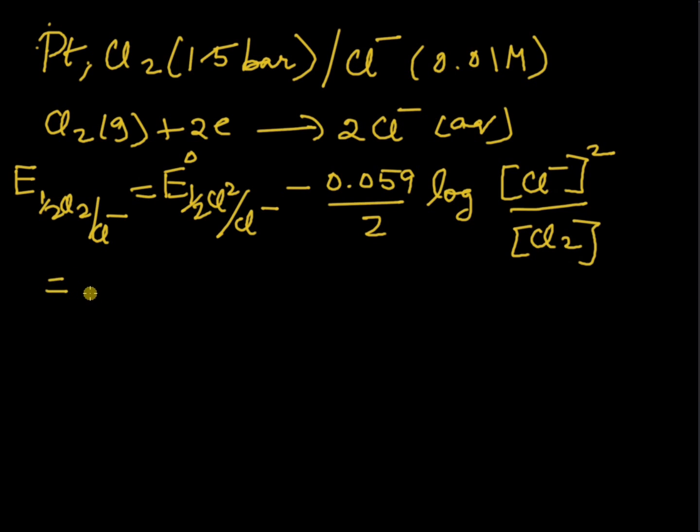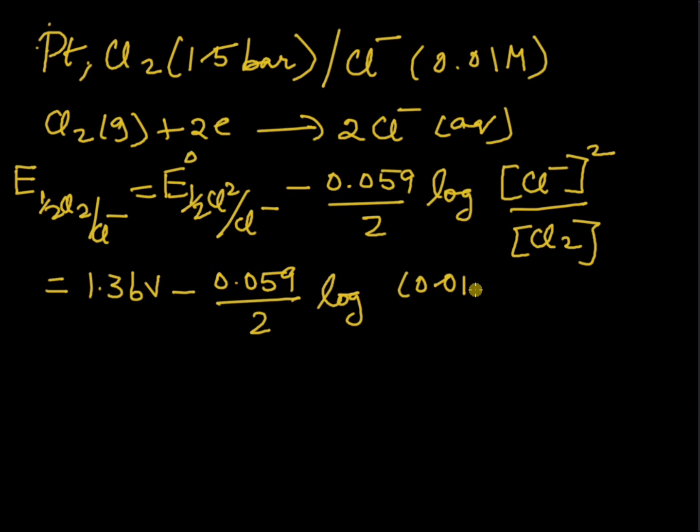Substituting the value for E naught and the concentration of Cl minus ion and the pressure of Cl2 gas, we would be writing it as 1.36 volt minus 0.059 by 2 log, this is 0.01 molar to the power 2 by 1.5 bar. To do the calculation without mistakes, you can follow the method I show you.